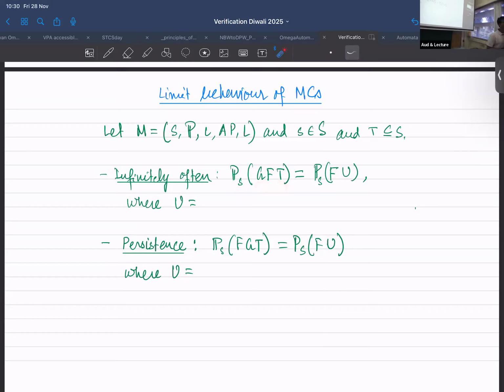How am I going to solve this? Given some set T, it's not that all the states of T have to be inside a BSC. Now what is the probability of visiting the states in T infinitely often? How am I going to compute this?